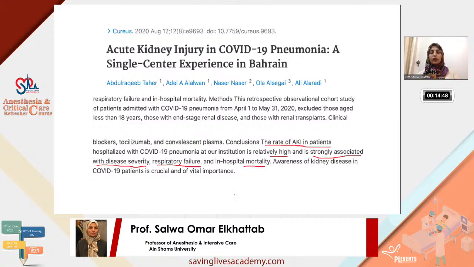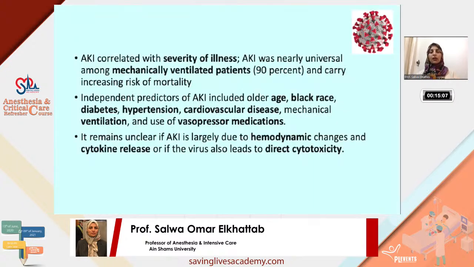The rate of AKI in their patients was high, as they stated, and it was strongly associated with disease severity, especially respiratory failure and being mechanically ventilated, especially if hemodynamically unstable. So again, AKI is correlated with severity of illness, and this is the same for all patients, including COVID patients.